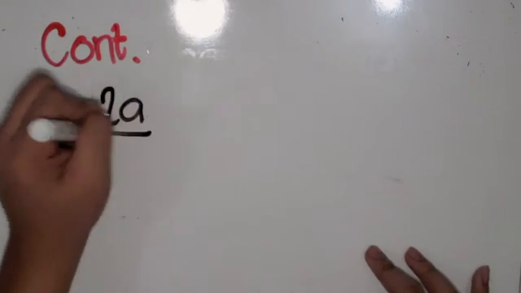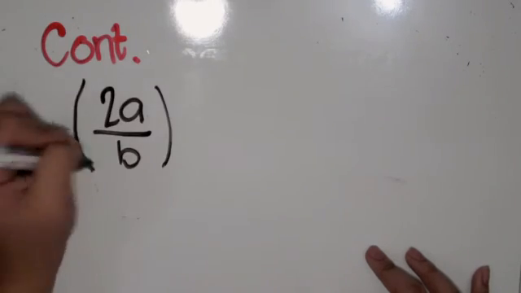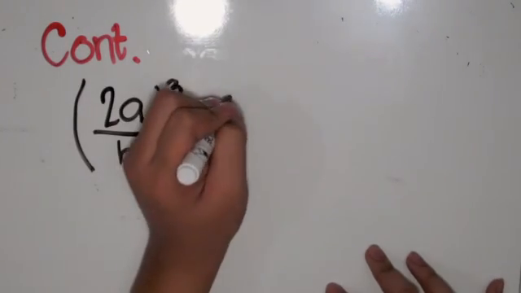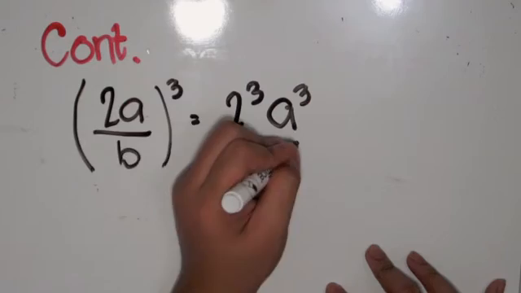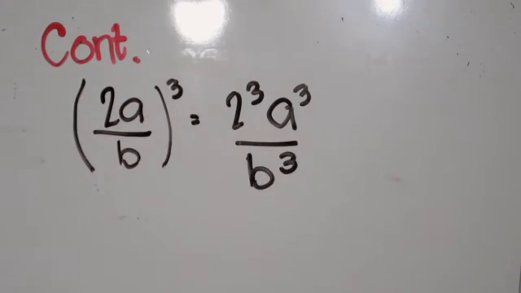Continuation. (2a over b) cubed equals 2 cubed a cubed over b cubed.